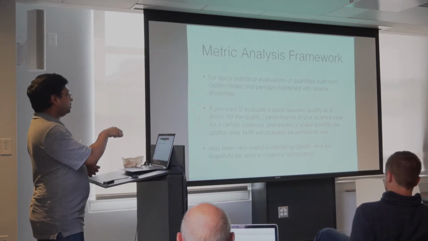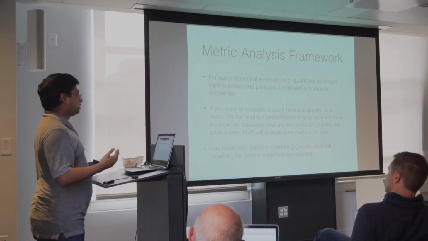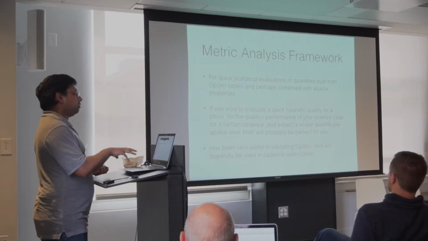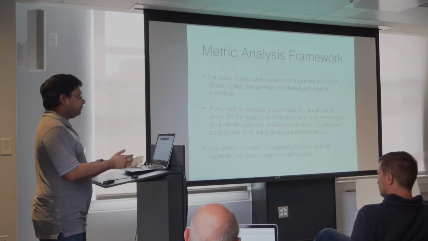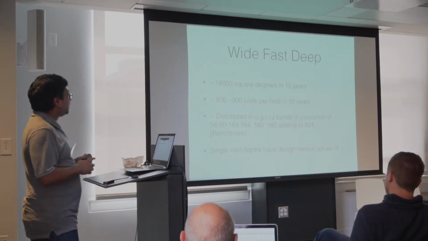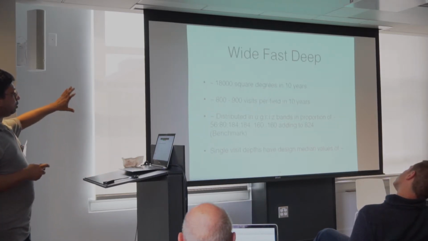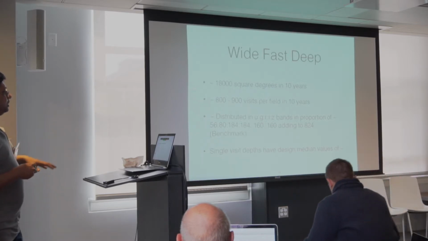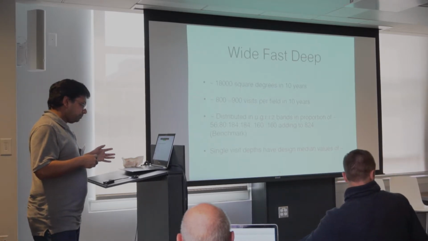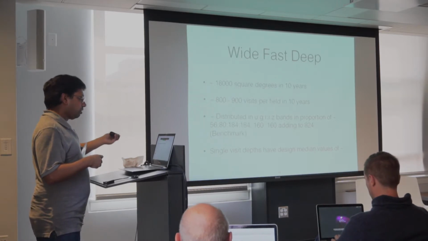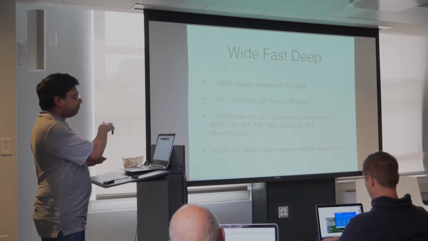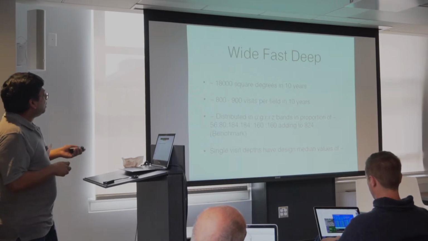It's been extremely useful in validating OPSIM. It showed us where some of the things were happening that we didn't like and enabled people to go back and try to correct that. And so I'll go over some of the different components and talk about what some of the MAF results show on this.